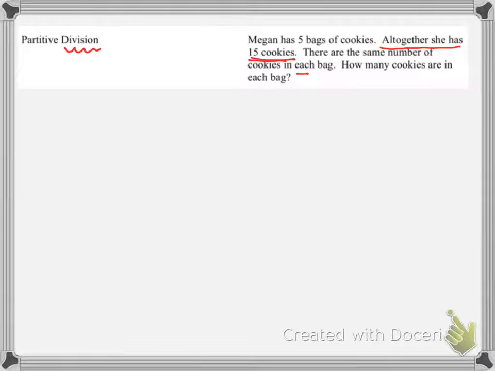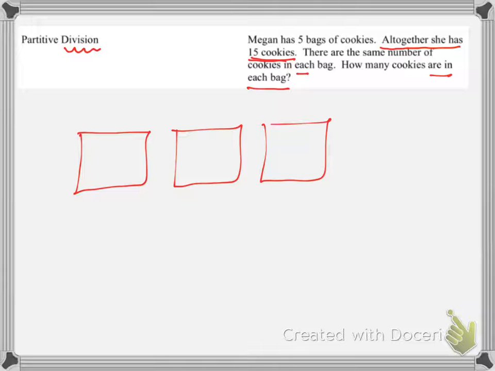And when we're hearing the question, how many are in each bag, it's asking you how much is going into each section. So we're breaking up that 15 and finding out how much can go in each bag. That's showing parts, partitive. So let's take 15 cookies. We have 5 bags, so let's make our 5 bags: 1, 2, 3, 4, 5.